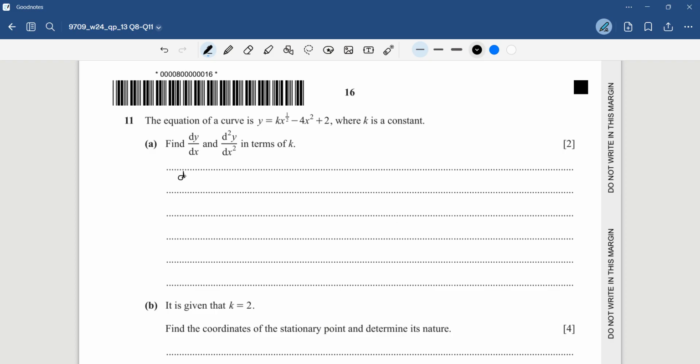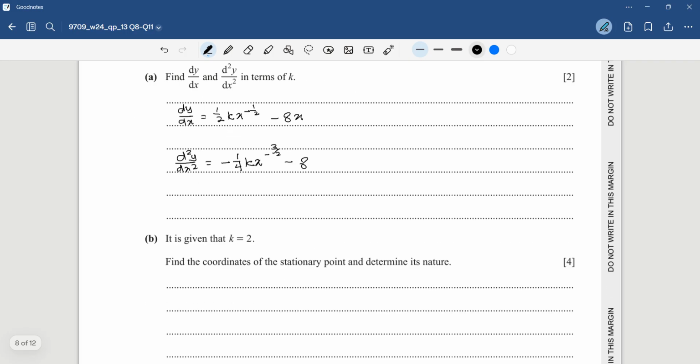First my dy over dx will be 1 over 2 k x to the negative 1 over 2 minus 8x, where my d square y over dx square will be negative 1 over 4 k x to the negative 3 over 2 minus 8.